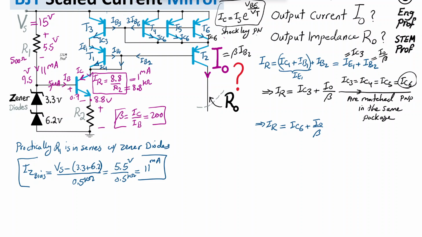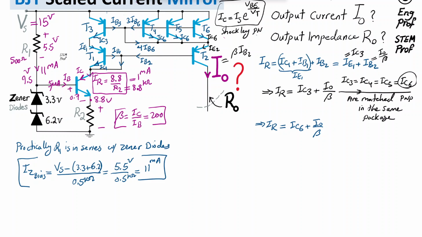I'm going to write it here, the best place: 4 I base 6. At this node, the emitter current of transistor T2, let me move the I out a little bit down, now I have some space.